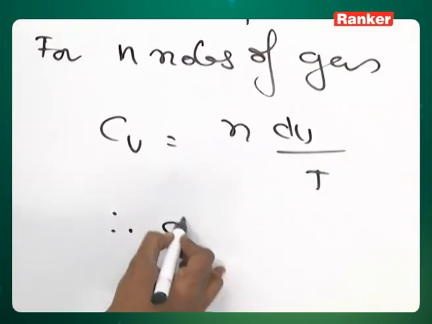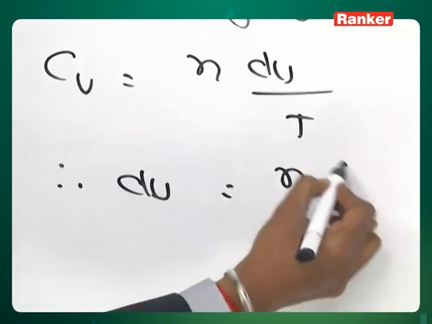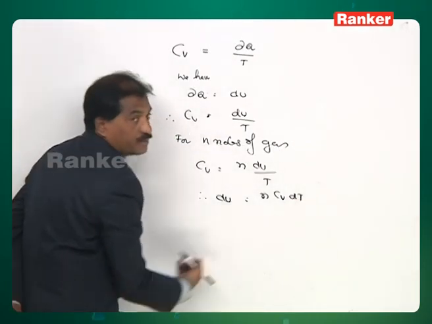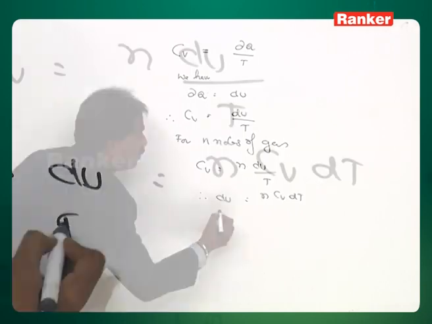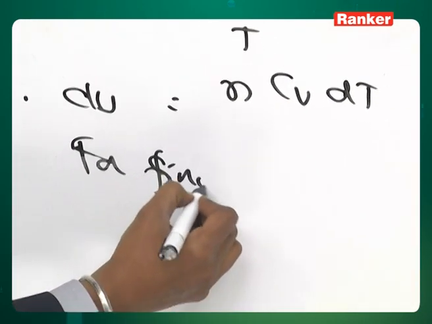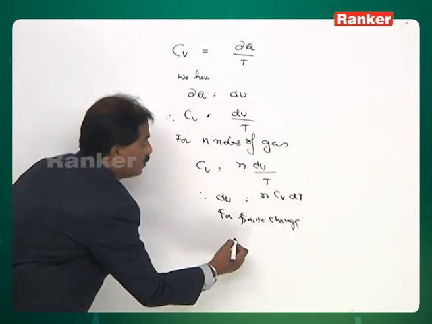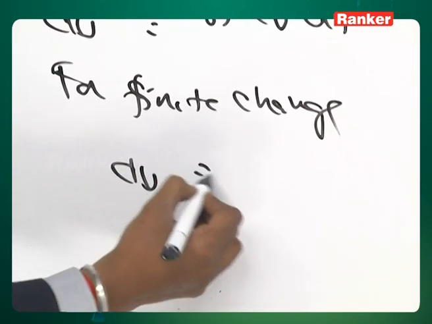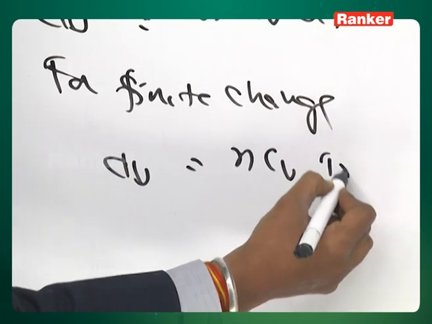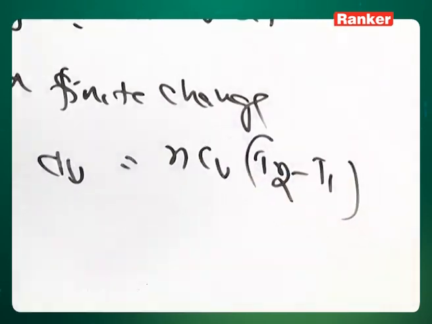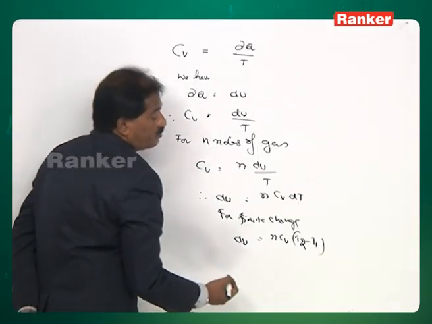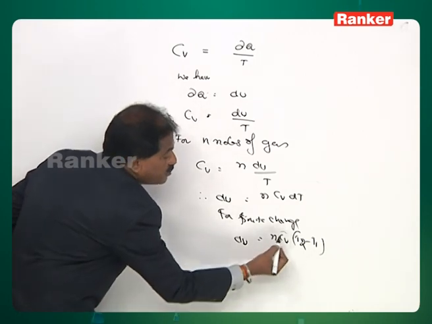Therefore, change in internal energy is equal to nCv dT. For finite change, dU is equal to nCv (T2 minus T1), if Cv is assumed as constant.